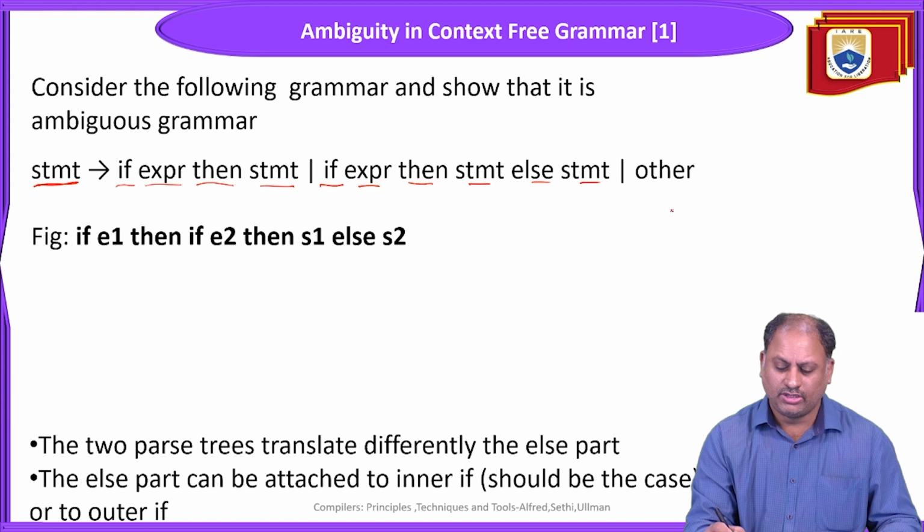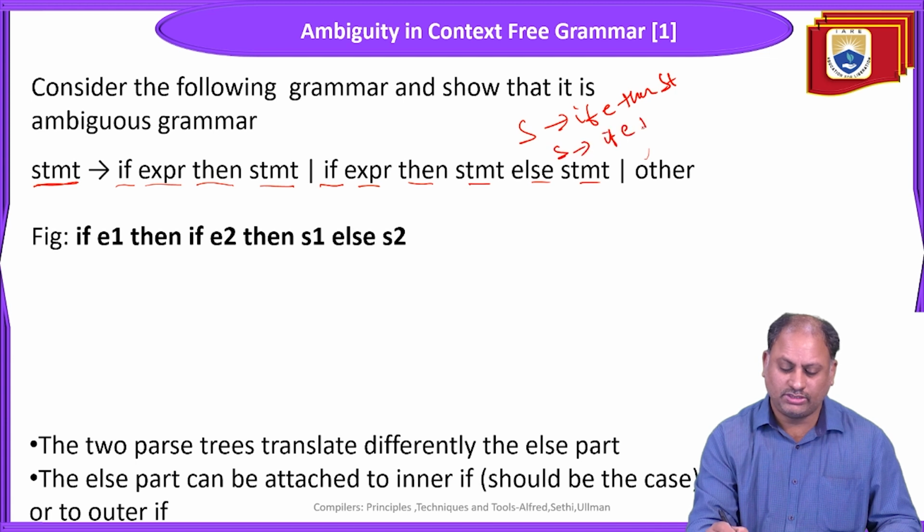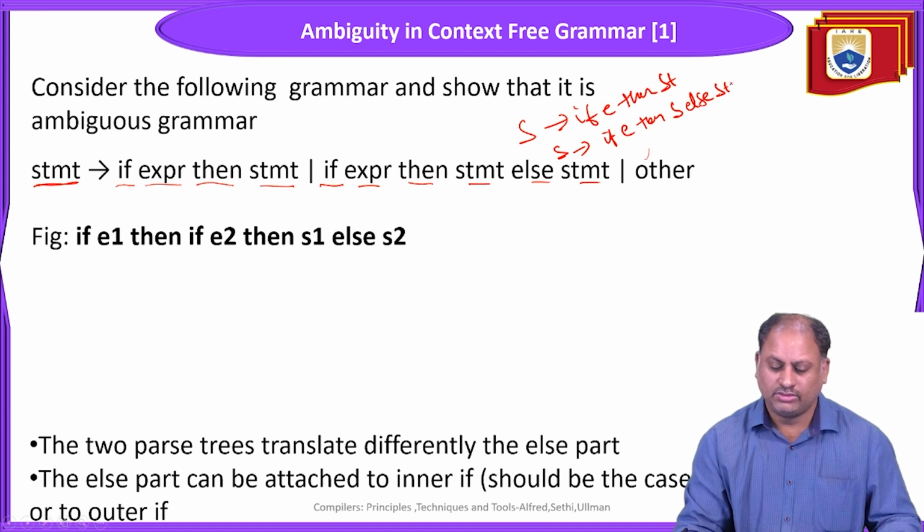So there will be two productions. One is if expression E then statement, and second is if expression then statement else statement. For these two, ambiguity is to be verified.